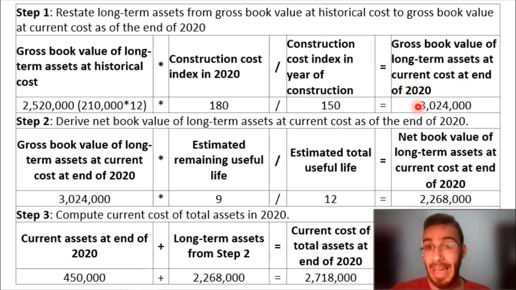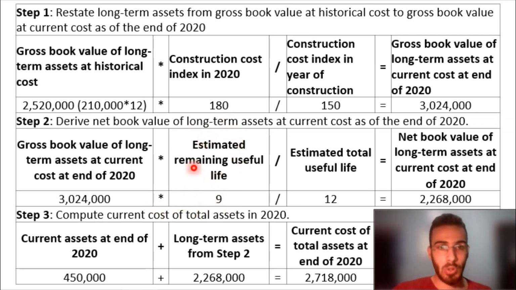The next step is to derive the net book value of the long-term asset at cost as of the end of 2020. What we are going to do in this step is subtract the accumulated depreciation for 3 years, from the year of construction to the current year.